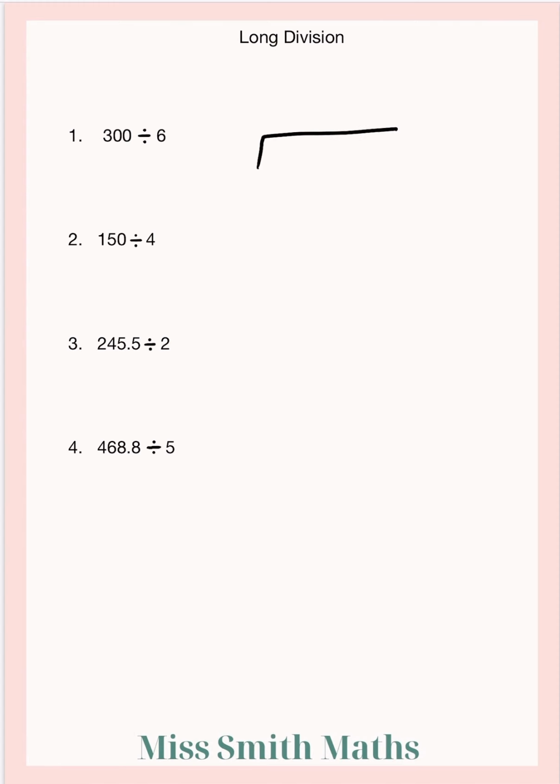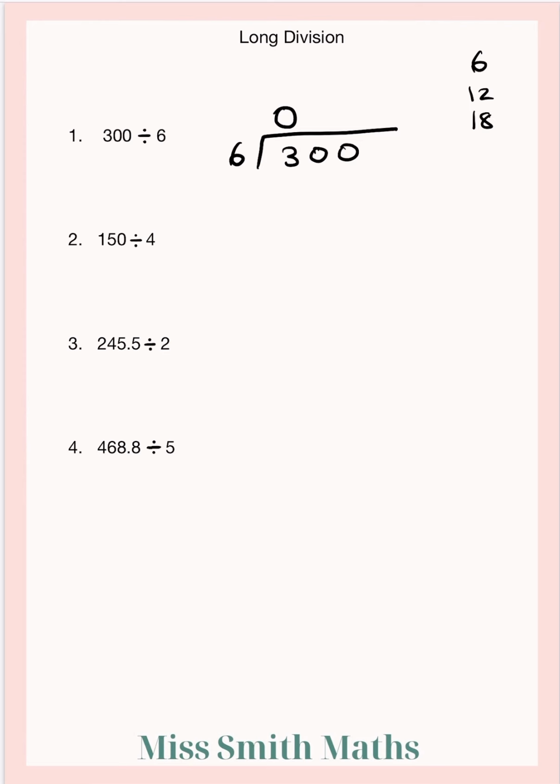So the number that we are dividing, the 300, goes on the inside of our bus stop and the 6 on the outside. What I'm starting to do now is look at how many 6s go into 3. Well, I don't have any 6s in 3, because if you think of your 6 times table down the side, 3 is simply not in the 6 times table.